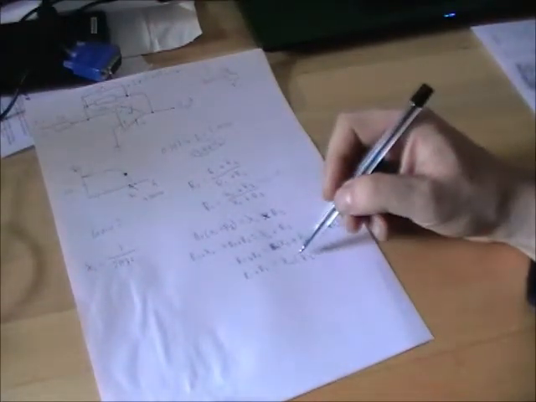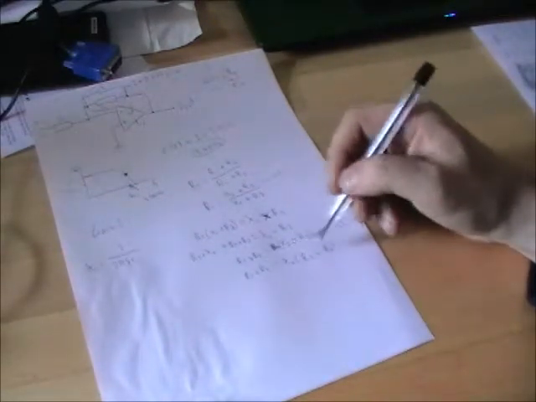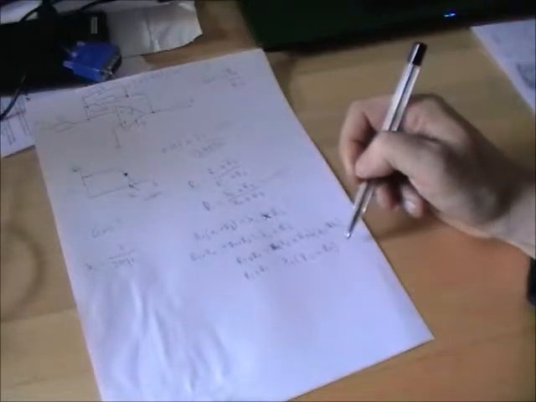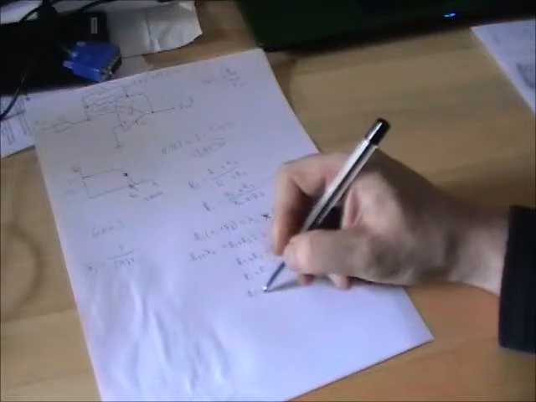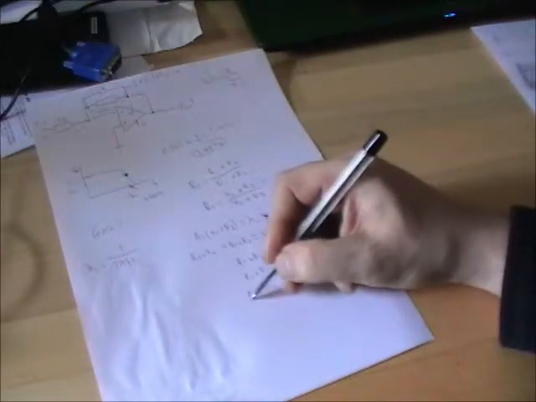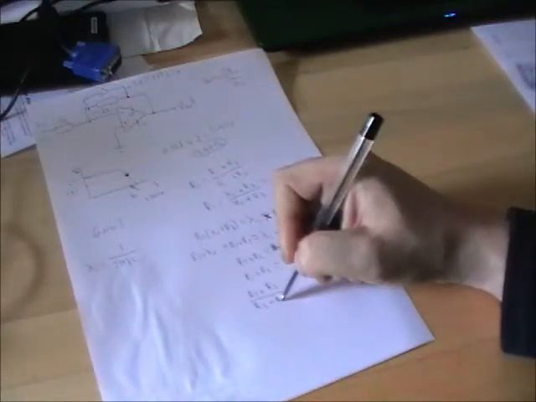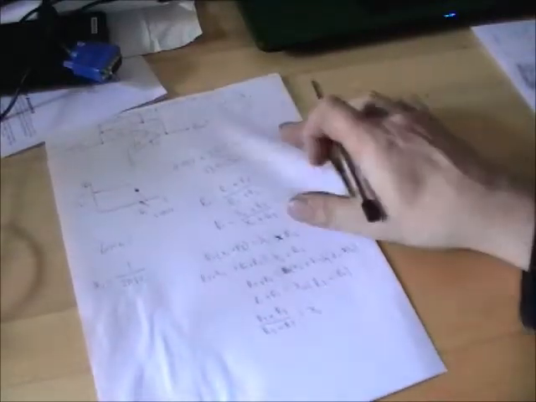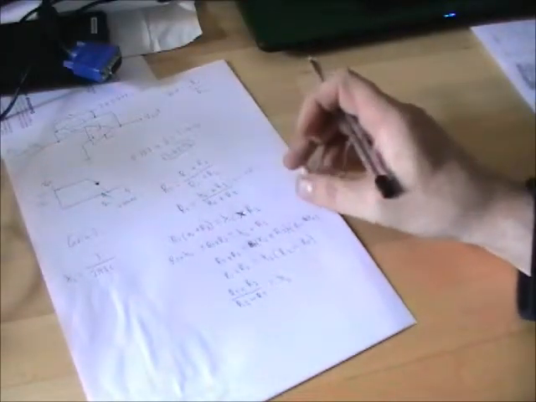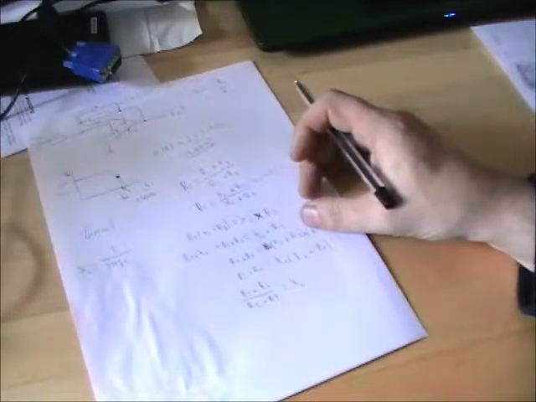So I've isolated XC, so I can just move this expression to the other side. So I divide by R2 minus RT. So it's RT times R2 divided by R2 minus RT, and that gives me XC. So I can now stick in my figures and come up with a value for XC.